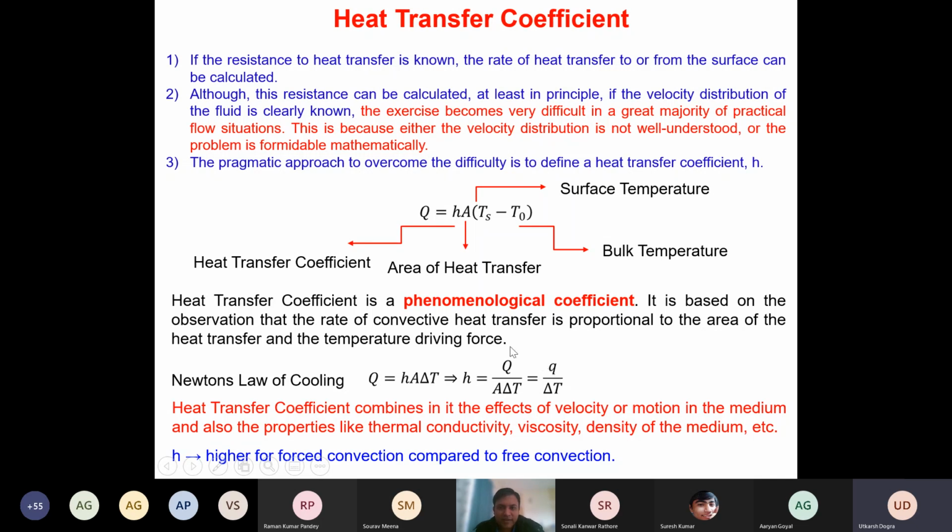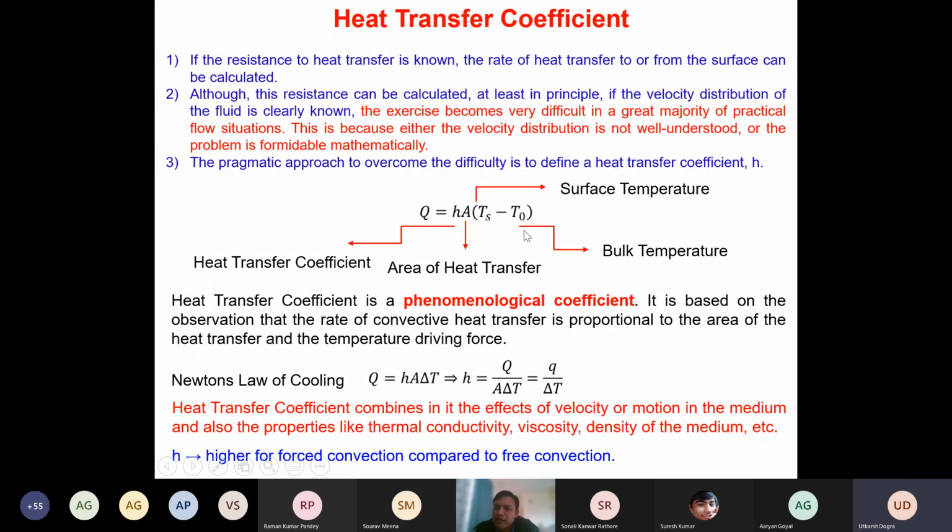As I said, this h, which we have defined as a heat transfer coefficient, is not a fundamental quantity, but rather a phenomenological coefficient. In a real-life situation, what we see is that the rate of heat transfer is proportional to the temperature difference, and that constitutes the basis for this particular equation.